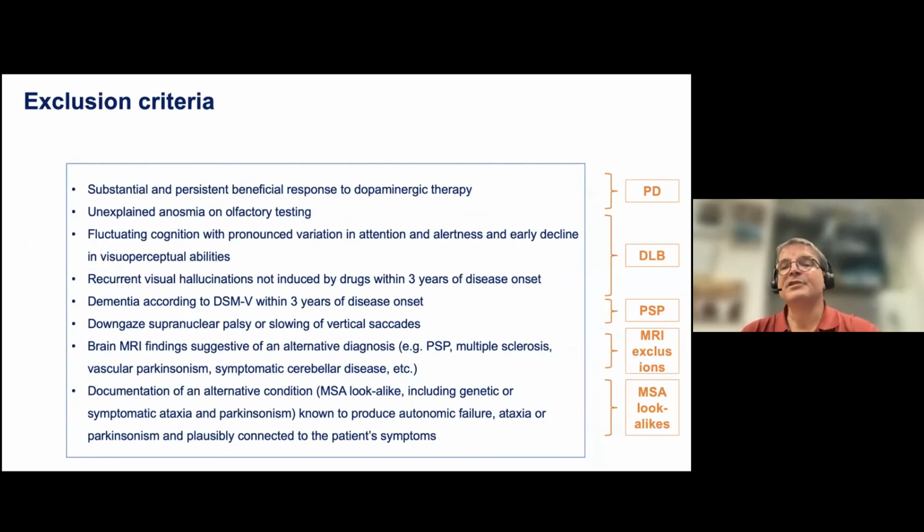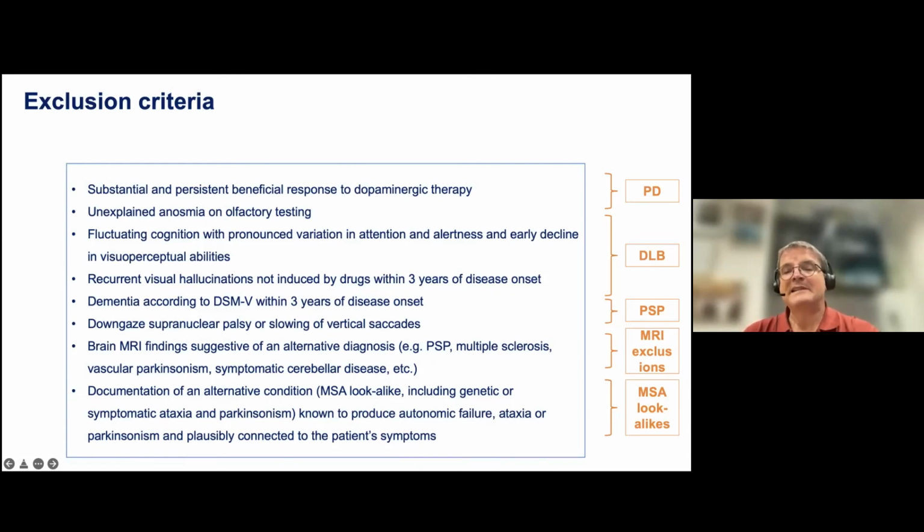Now, the exclusion criteria, and I don't want to go through all of them, have been drawn up to make sure that Parkinson's disease, dementia with Lewy bodies, and PSP are excluded because they can sometimes mimic MSA. MRI suggestive of an alternative diagnosis, including PSP, multiple sclerosis, vascular Parkinsonism, or symptomatic cerebellar disease is also important.